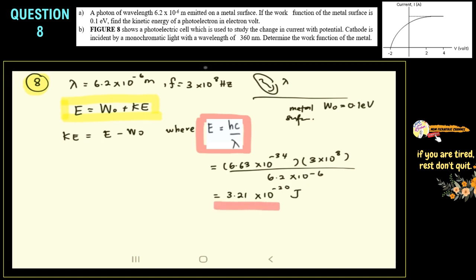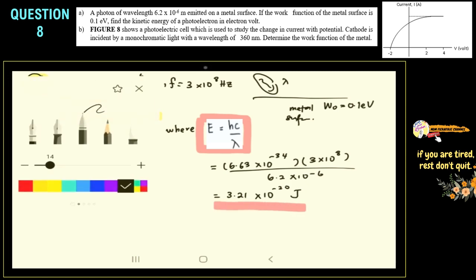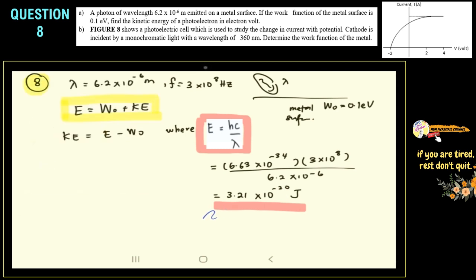Okay, so make sure you change this into eV. Okay, where the energy is equal to 3.21 exponent negative 20 joule. And remember, 1 eV is equal to 1.6 exponent negative 19 joule.